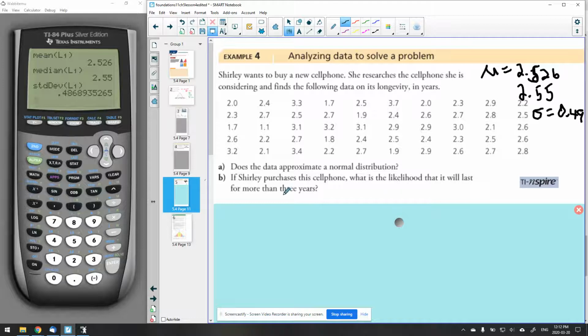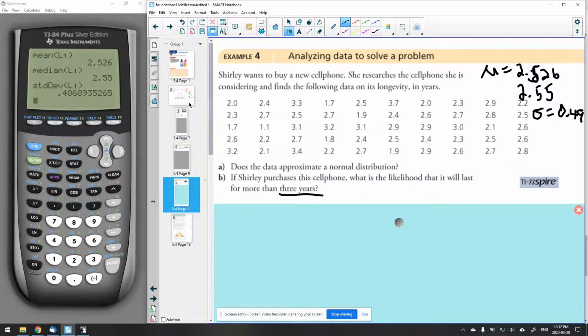So Shirley's worried about a 3-year cell phone. So if we look at mu is 2.53, if we were to add 1 standard deviation, we would have roughly 3 years.